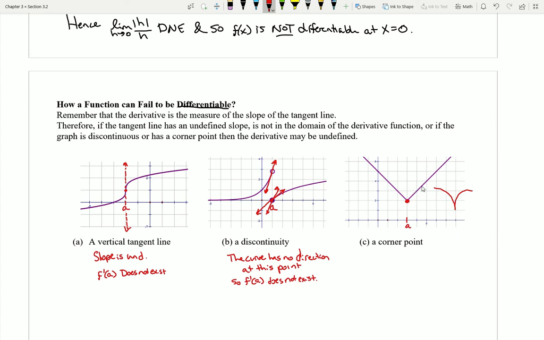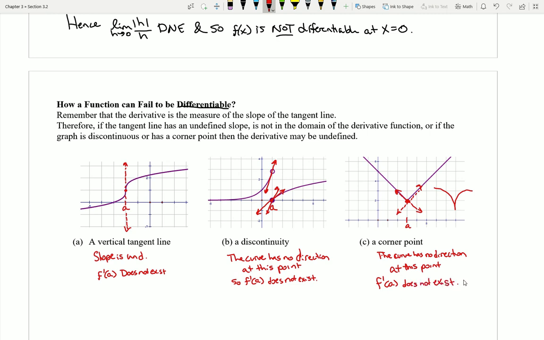We could create tangent lines that come at this point from multiple directions. So again, the curve has no direction at this point, right? It has multiple directions. And so again, f prime of a does not exist.